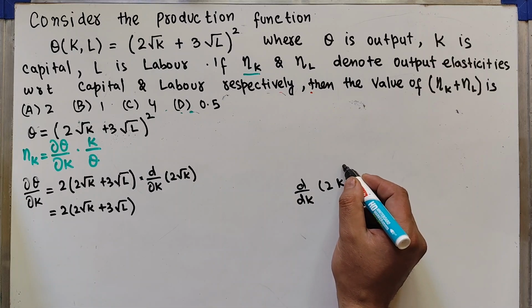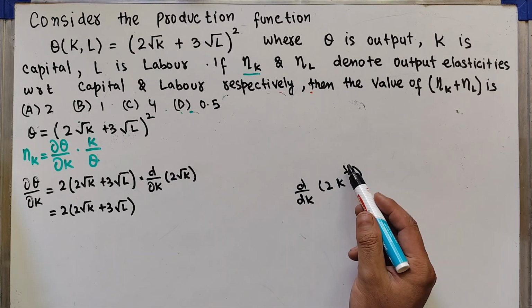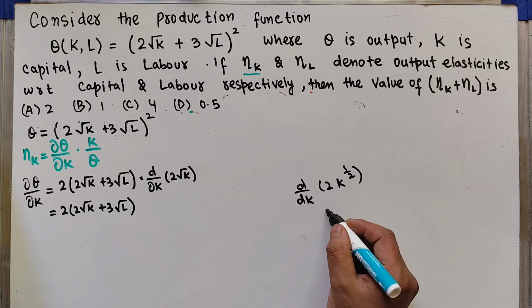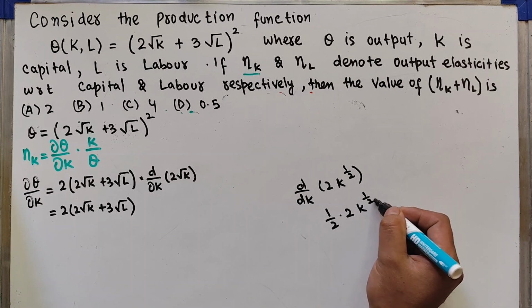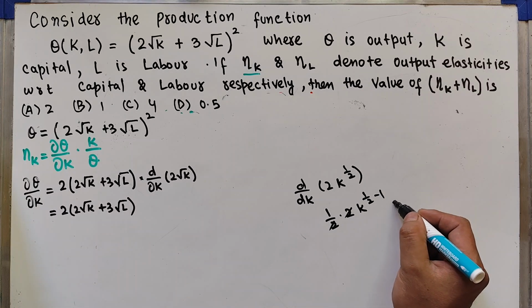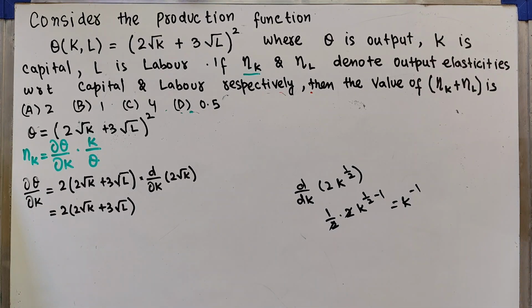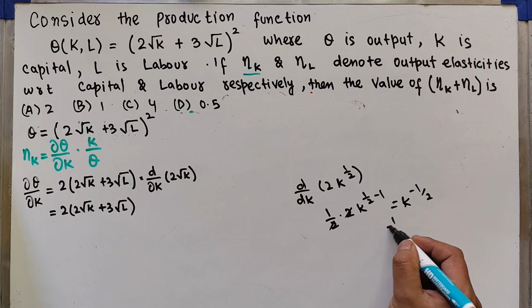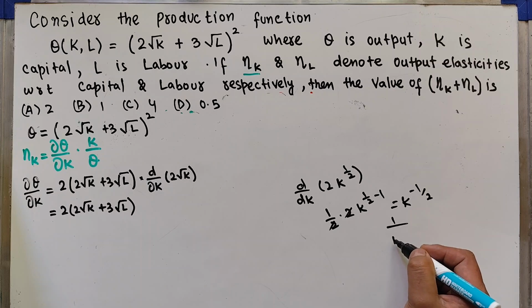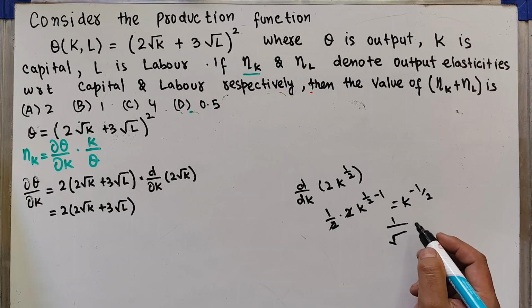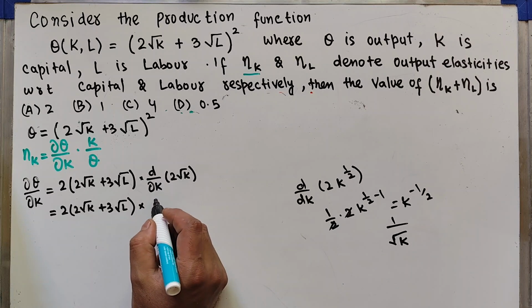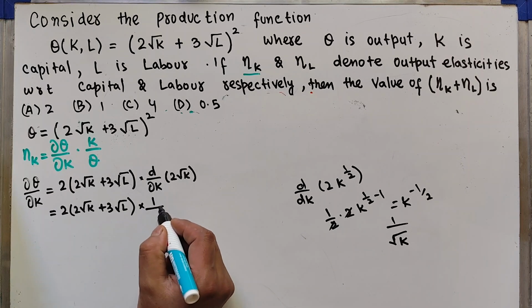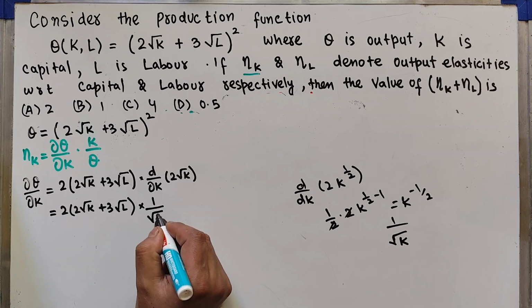It can be written as K raised to the power 1/2. Its derivative will be, exponent becomes coefficient, so we have 1/2 into 2, K raised to the power exponent subtracted by 1, 2 gets cancelled, we are left with K raised to the power minus 1/2. It can be written as 1 upon √K if I transpose it to the denominator.